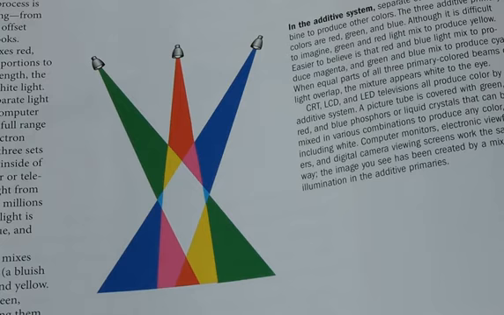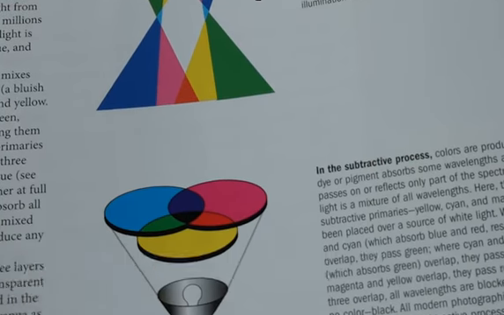When all those lights combine together, it creates white light. But we can see the combinations of colors and how they combine in this diagram here. And we'll talk a little bit further in a moment.